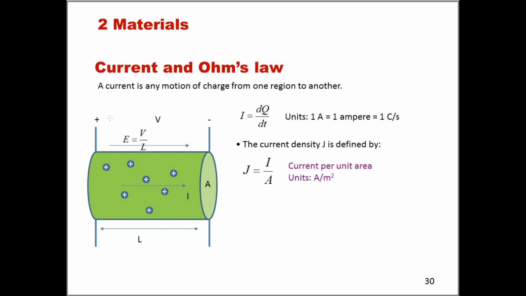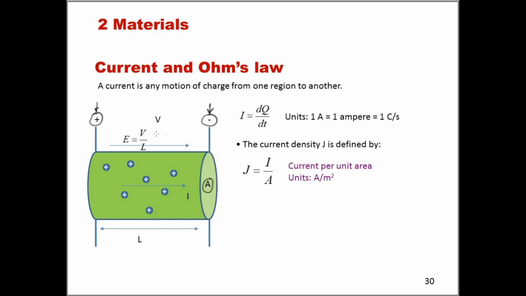If we have a piece of material like the one shown here, imagine a cylindrical piece of material with length L and cross-section area A, and imagine that we apply a voltage across the two ends, so the voltage on this end is higher than the voltage on this end.